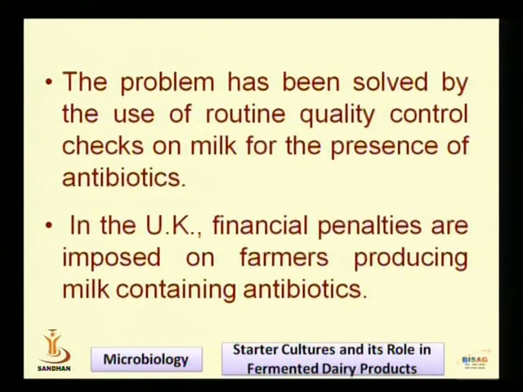The problem has been solved by the use of routine quality control checks on milk for the presence of antibiotics. In the United States and in other European countries, financial penalties are imposed on farmers producing milk containing antibiotics.